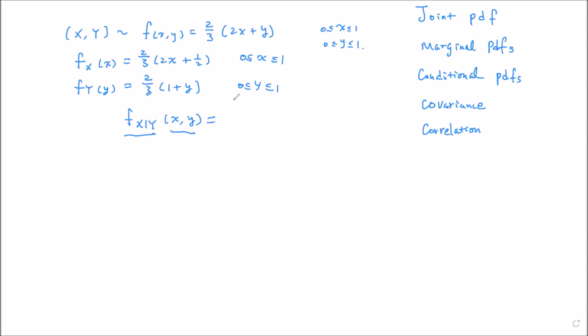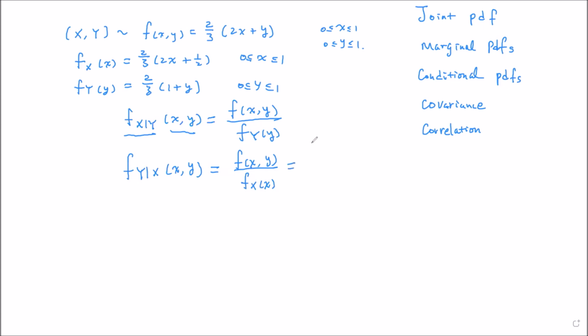It's defined to be the joint density divided by the marginal density of y. Okay, and similarly, you have this conditional density. Again, it's the joint density divided by the marginal density of x.